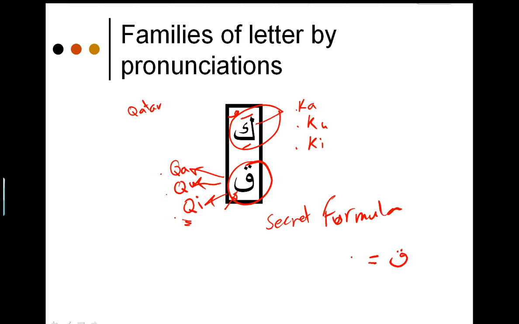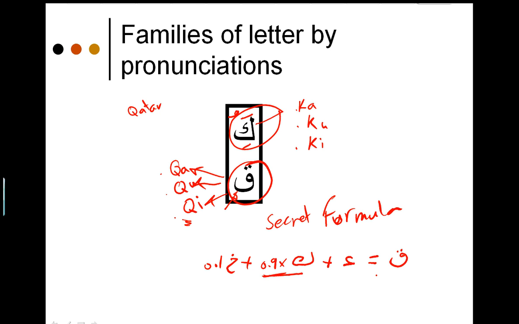It's a sudden A sound, just like the Hamza. So we also say Qa, but with the flavor of Ka, which is 90% Ka and 10% of a Kha sound.